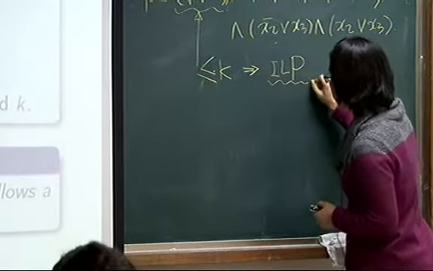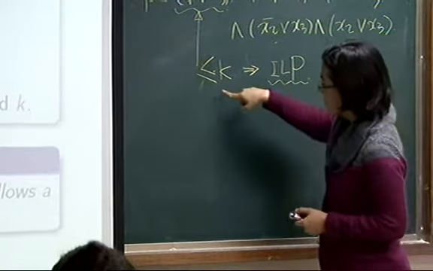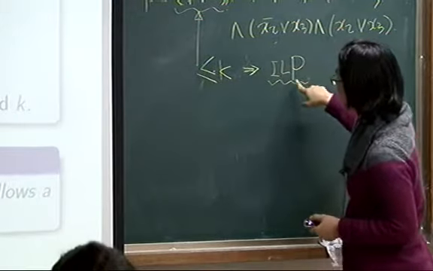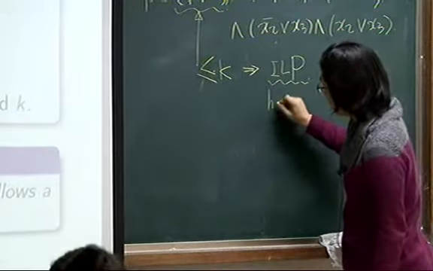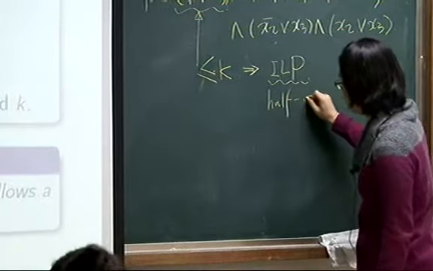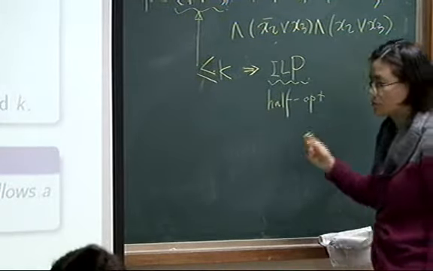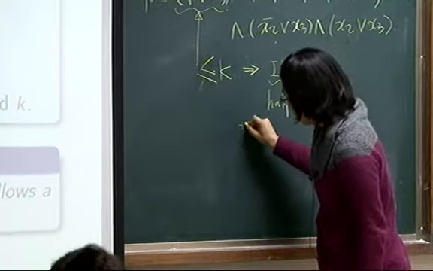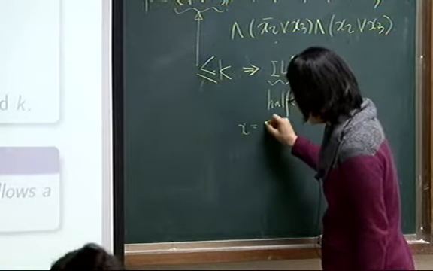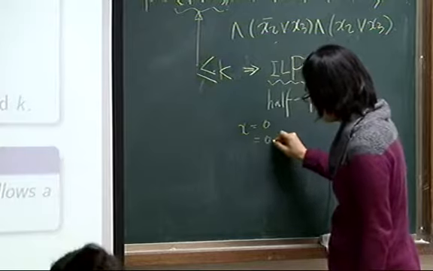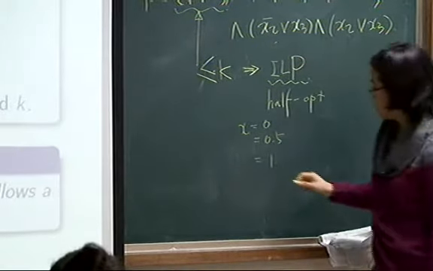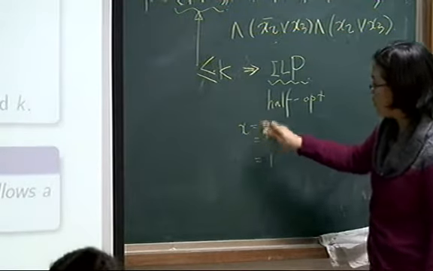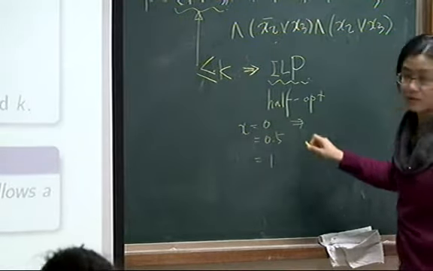And there is a well-known theorem that the linear programming relaxation of vertex cover has a half-integral optimal solution, which means there is an optimal solution where every variable has either 0, 0.5, or 1, where each variable corresponds to a vertex.